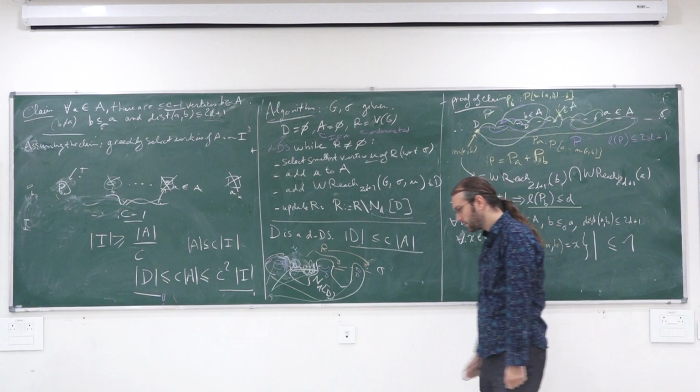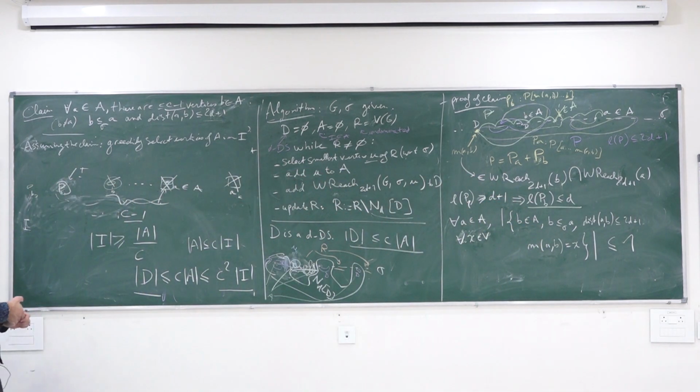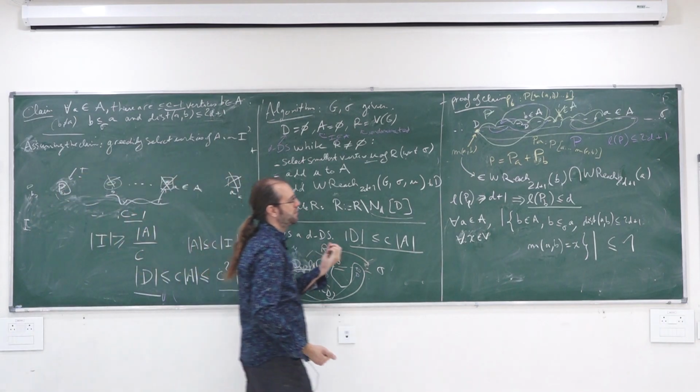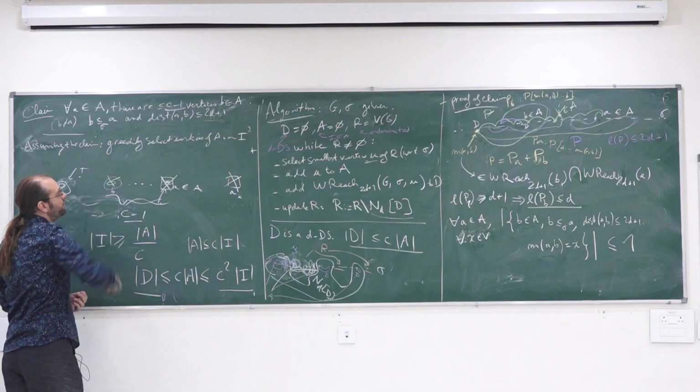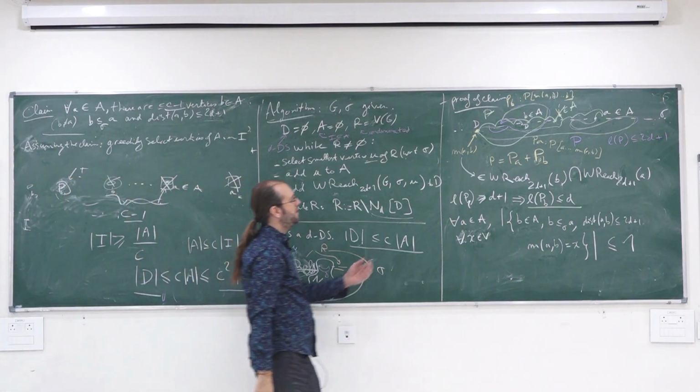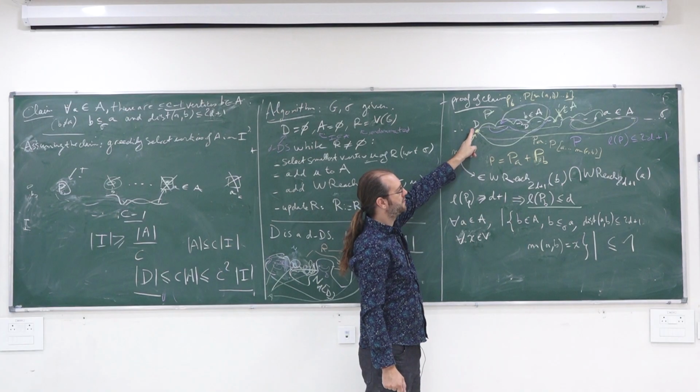Okay. How do we conclude from that? Well, we are done because what we have shown is that for the set of all these B's, for every possible minimum of the path, there's at most one.